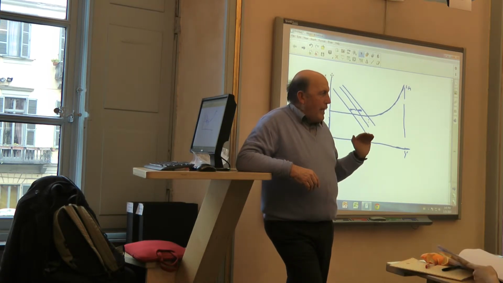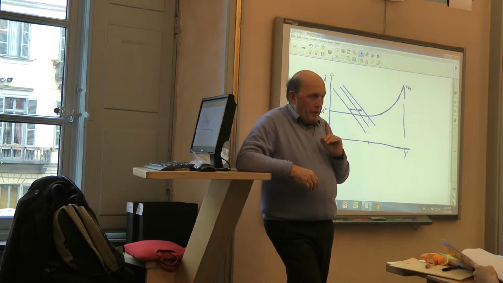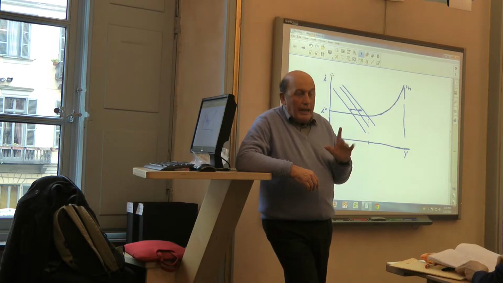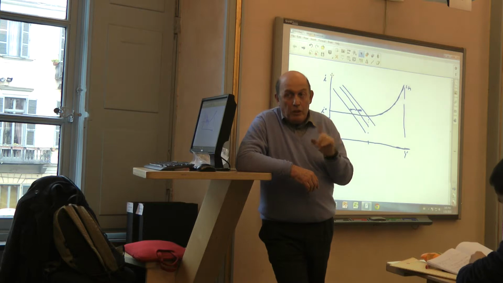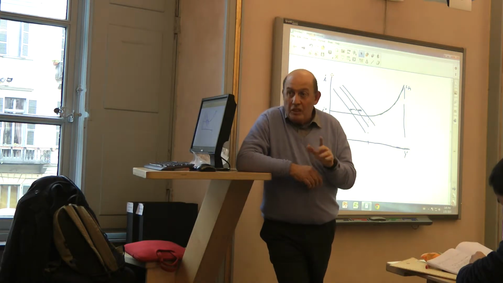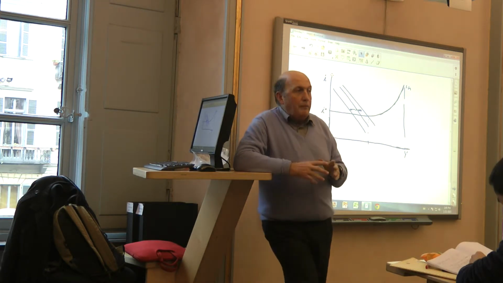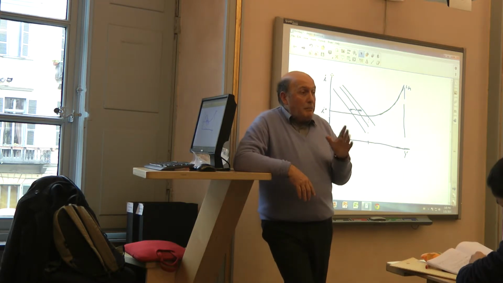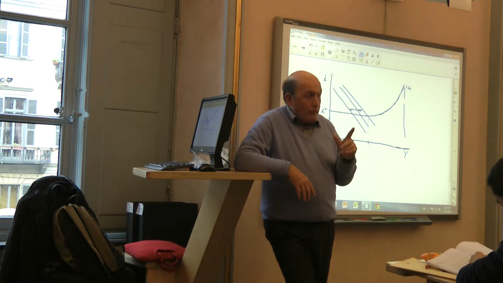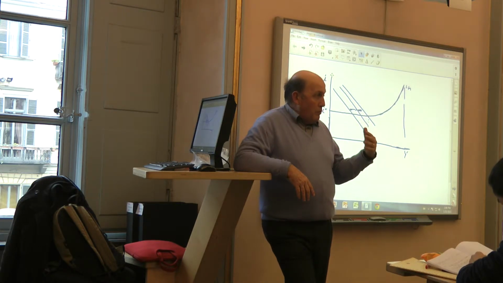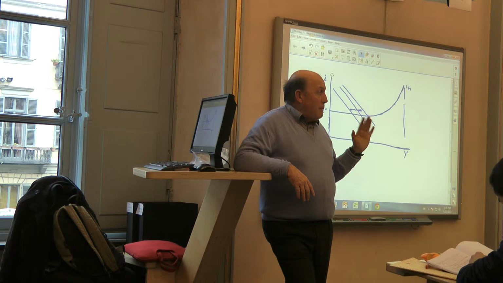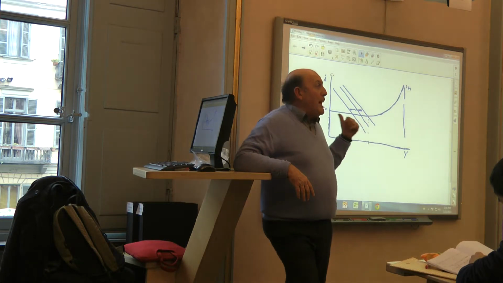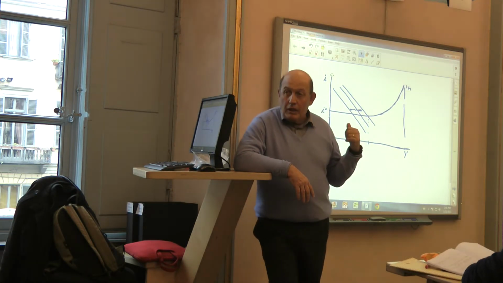And this is why we have unemployment. Therefore, as long as we have unemployment, it's not only due to the liquidity trap, it's due to this asymmetry between price flexibility in general and wage contracts. This means that there is room for fiscal and monetary policies, even outside the liquidity trap.